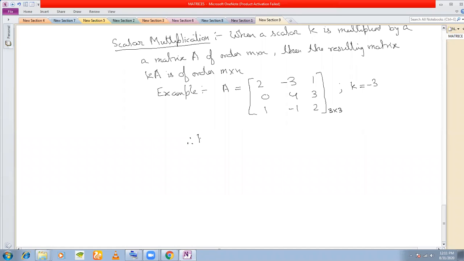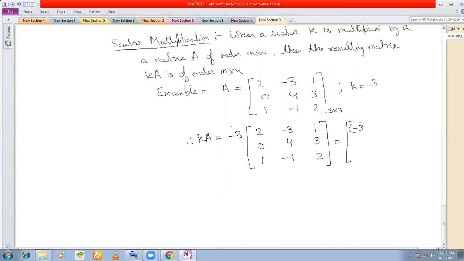Therefore, kA, when the scalar k is multiplied by this, will be -3 into this matrix. And how do you obtain the resulting matrix? Just as we did in class 10, we multiply each element of the matrix by the scalar.